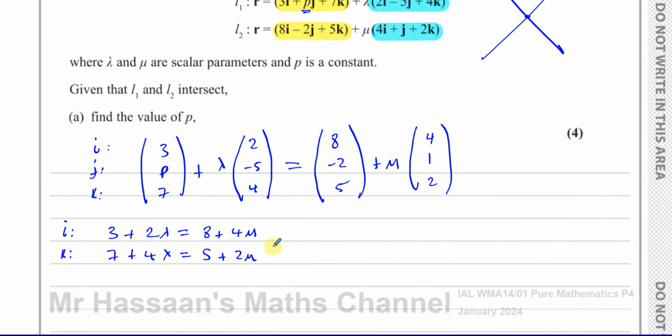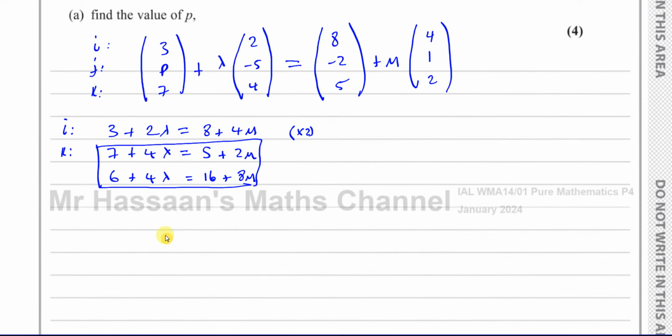What I could do, for example, is multiply this one by 2, in which case this is going to become 6 plus 4 lambda equals 16 plus 8 mu. Now I can solve these two equations simultaneously. I have the same number of lambdas, so I can subtract them.